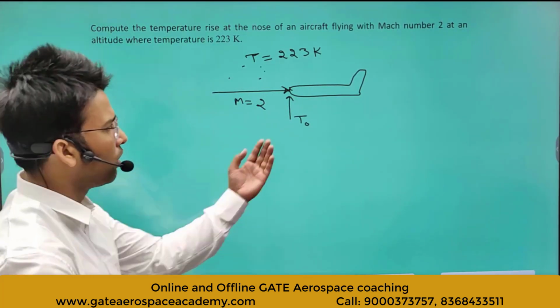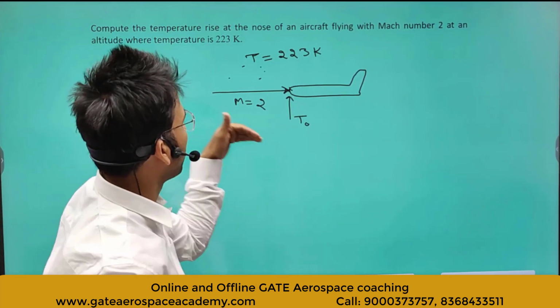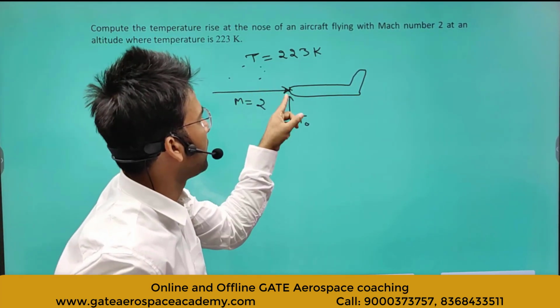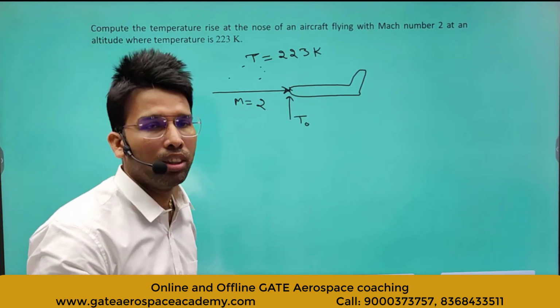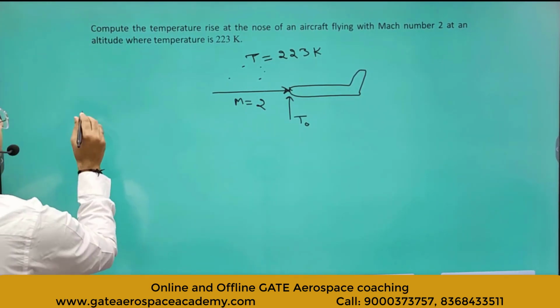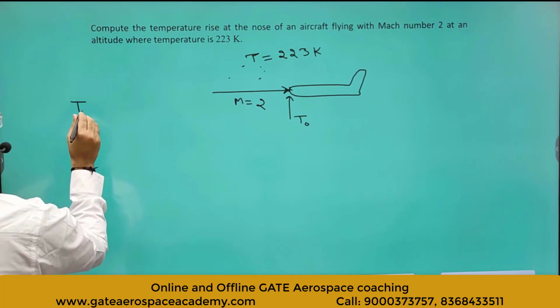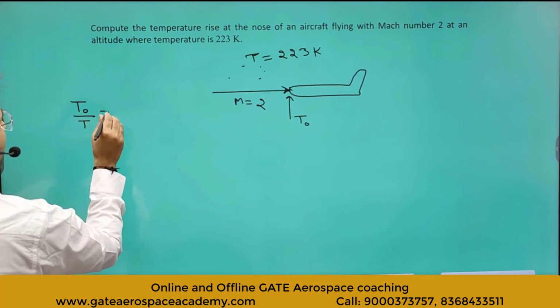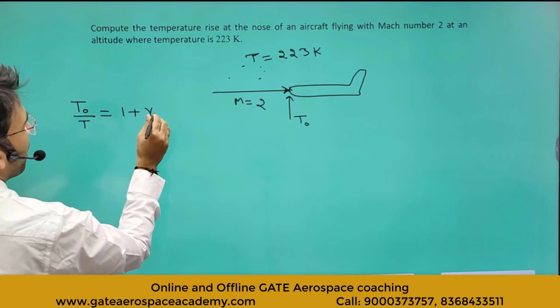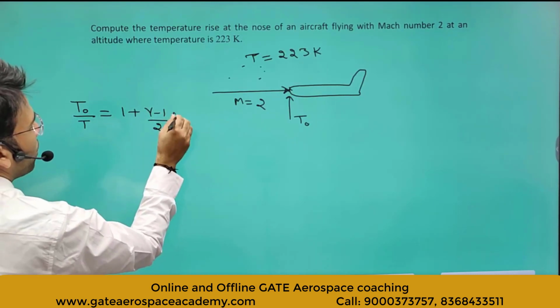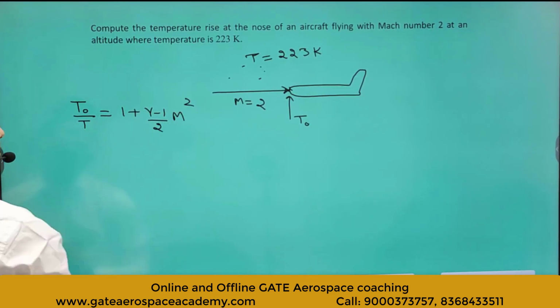We have to find out temperature rise. So first let's find out T naught, stagnation temperature, because air will be at stagnation state at the nose of the aircraft. Right? So let's apply the relationship between the Mach number and temperature. T naught by T is equal to 1 plus gamma minus 1 upon 2 M square.